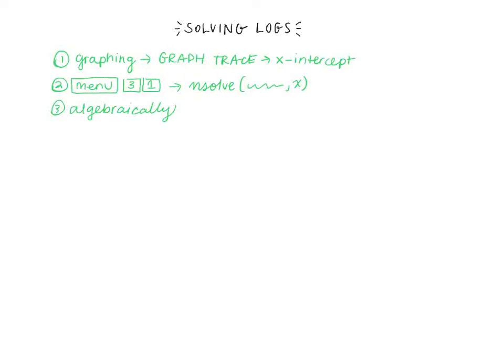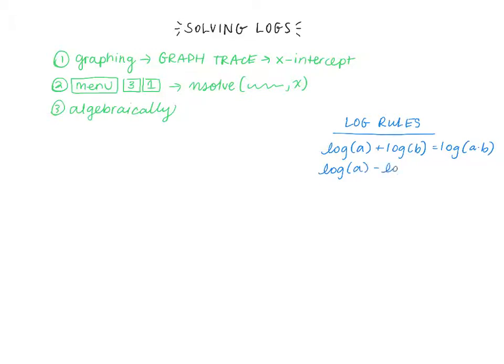So if we think about our log rules, if I have log of A plus log of B, that really means log of A times B. Similarly, if I have log A minus log B, that means I'm going to have log A divided by B.